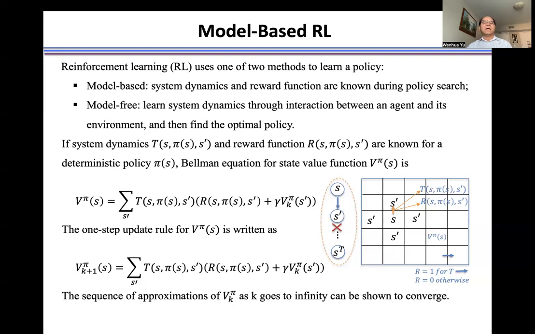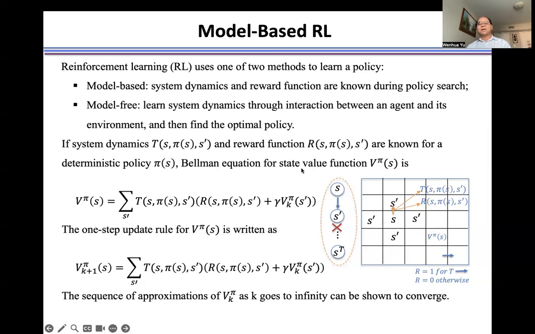Now we explain model-based reinforcement learning. If we know the system dynamics and the reward for the policy pi, for example this initial pi, there are many methods to find the optimal policy for the model-based problem, but now we explain the policy improvement method.